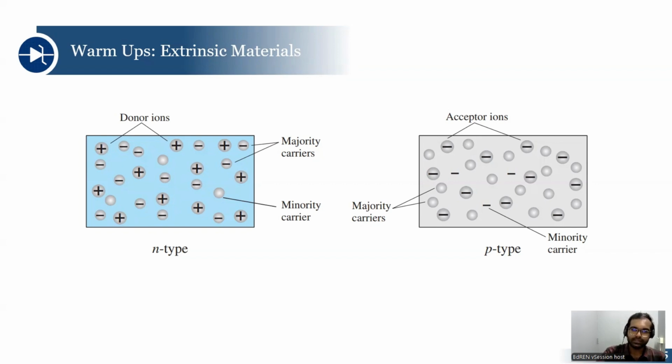This will create one extra electron in the crystal, which will add to the conductivity. Again, if we add a trivalent atom in the silicon crystal, there will be one excess hole which can add to the conductivity. The first one is called the N-type material and the latter one is called the P-type material. And the materials that have impurities added are called extrinsic materials.